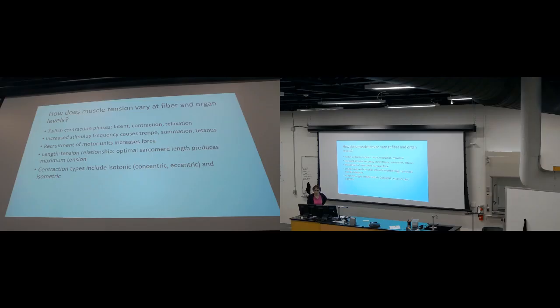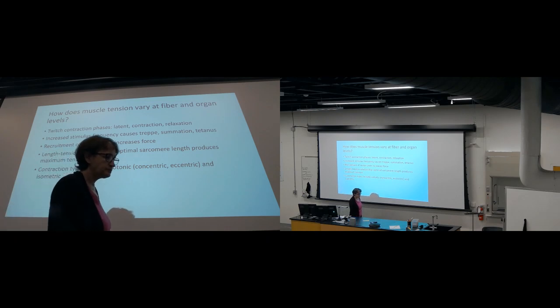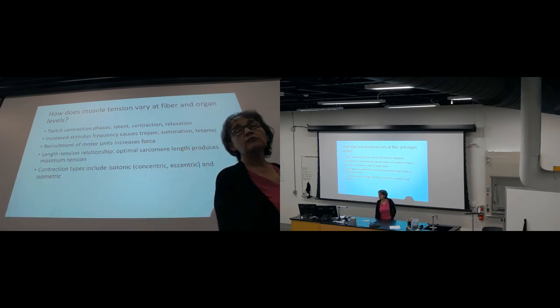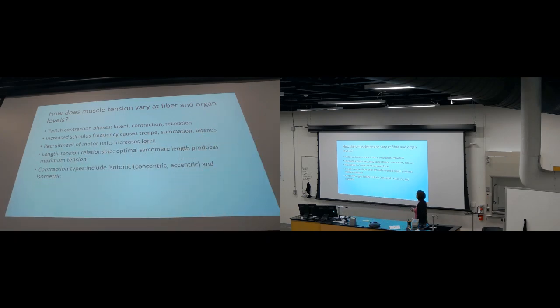Okay, so now let's look at tension. So tension varies depending on the muscle fiber, and this tension has some phases, like we have a twitch contraction with a latent phase, another one is contraction, another one is relaxation.